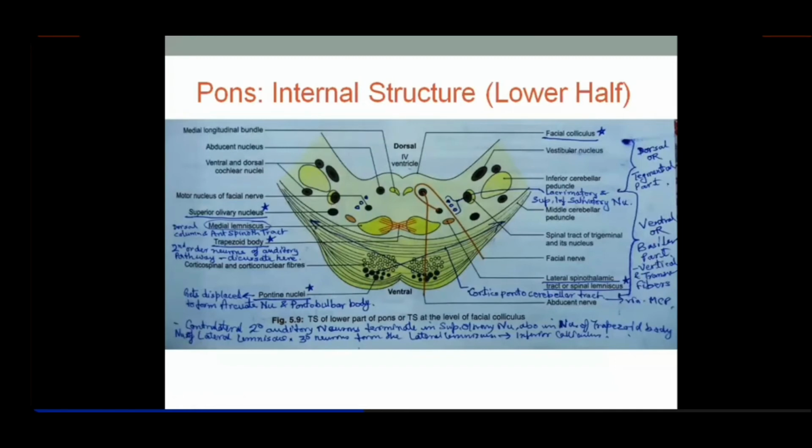You have the lateral geniculate body related to the optic pathway, and the medial geniculate body is related to the auditory pathway. From the superior olivary nucleus, those third order neurons reach the medial geniculate body, and that tract is called the lateral lemniscus.